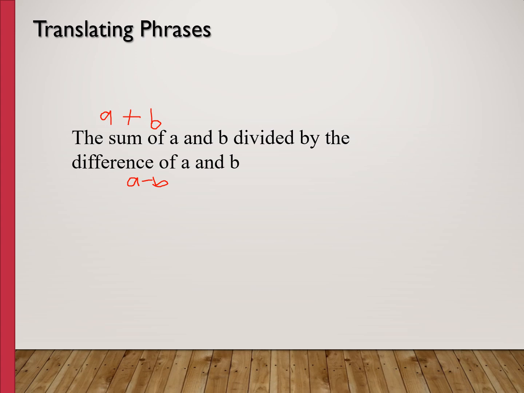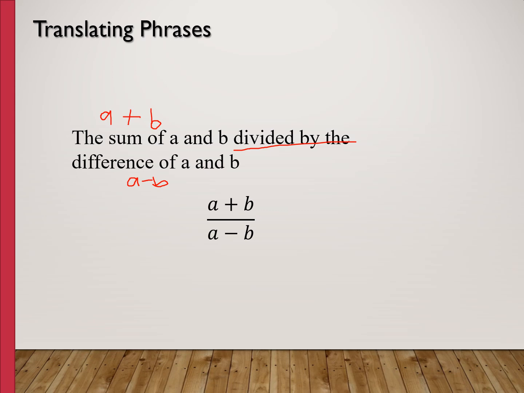Divided by means division. So that will be a plus b over a minus b. The sum a plus b is divided by the difference a minus b. So a plus b over a minus b.